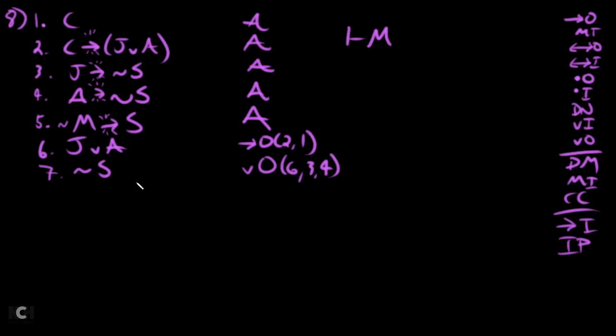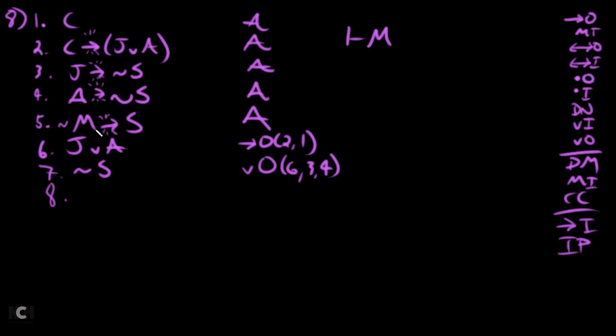Now, can we do an arrow out? Nope. Can we do modus tollens? Yeah. Look at line 5. The right side of the arrow is S, and we just got squiggle S. The way modus tollens works, if you've got an arrow and the contrary of the right side, you get the contrary of the left side of that arrow. So what would be the contrary of squiggle M? There are 2 options here.